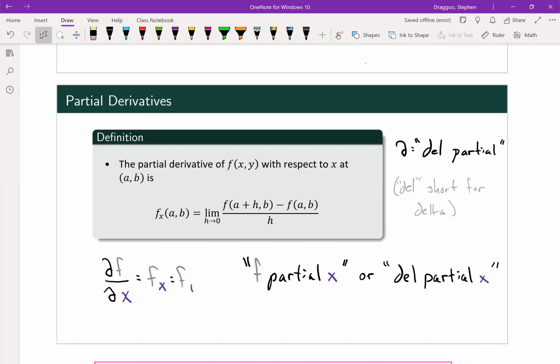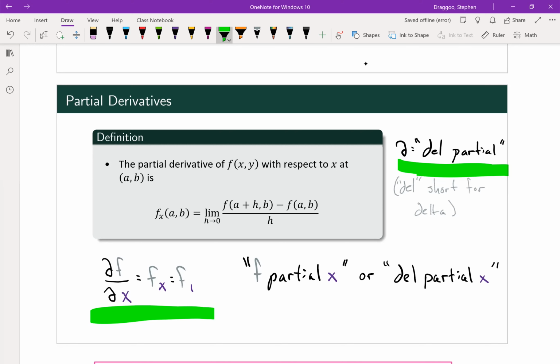So some of the notation for these partial derivatives, if we check out the lower right over here, I've written down a couple of examples. We have an adaptation of the usual standard notation for a derivative, which would have normally been df over dx. But since this is a partial derivative, it changes to delta f over delta x. This symbol, the d with the little curl at the top, is the Greek letter delta. And oftentimes we'll just abbreviate that to del, because we like shortening things.